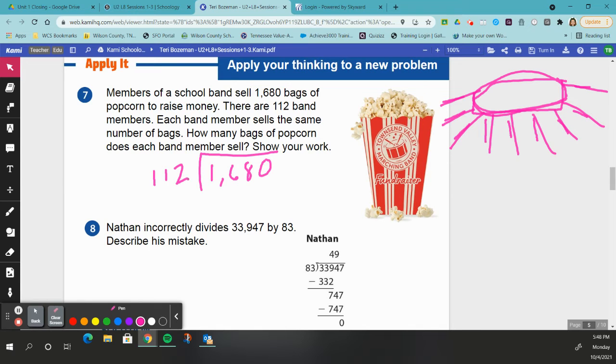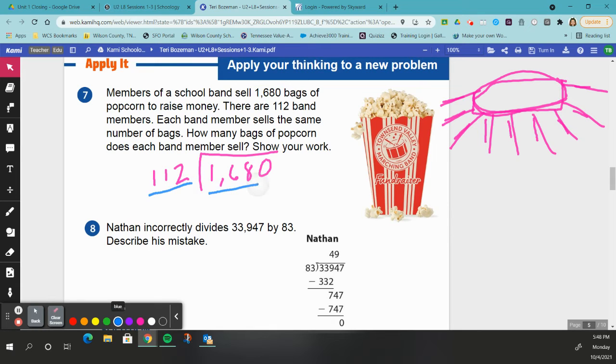So we have 112 being divided into 1,680, right? So those are some large numbers and they can be intimidating. But if we break it down, we're starting at our largest place values, right? So we need at least 3 place values.